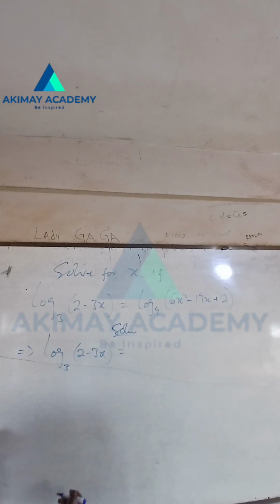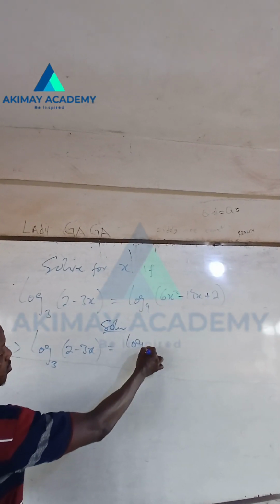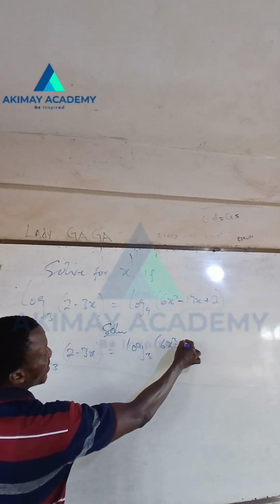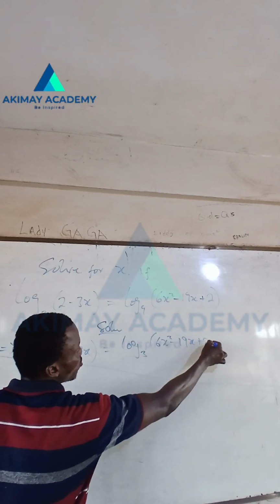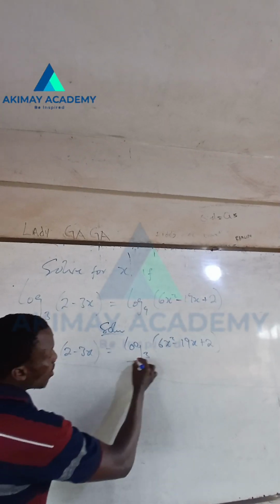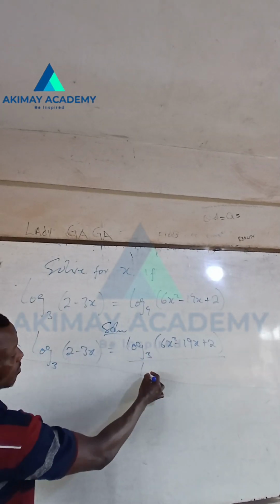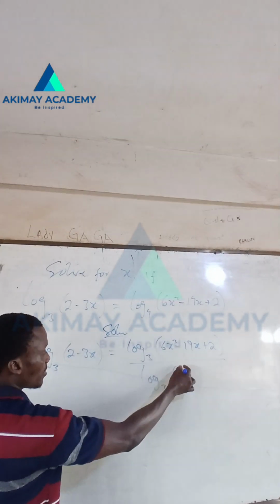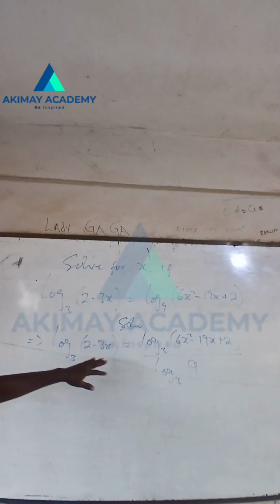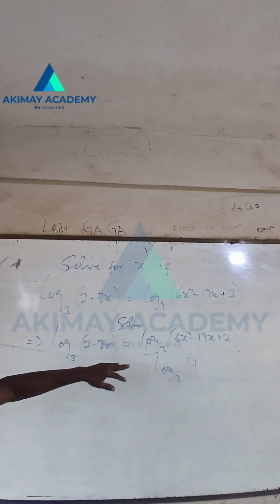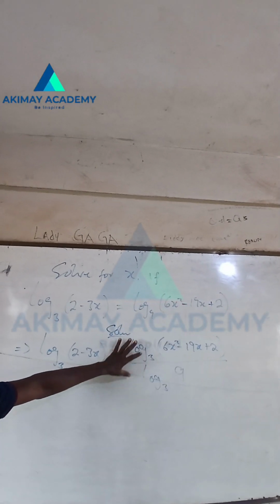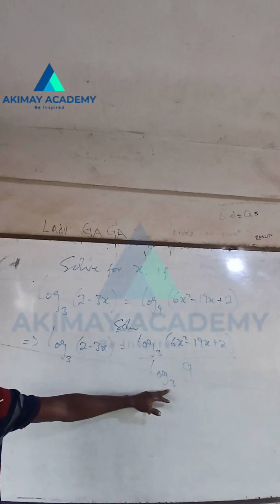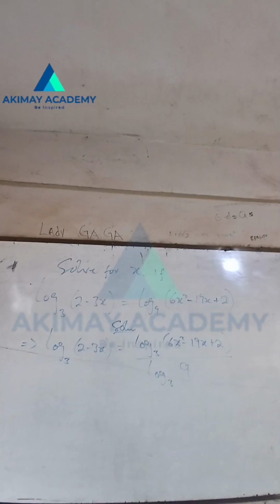So we have log to our new base of 3 of 6x squared minus 19x plus 2, all out of log to our new base of 3 of the old base. So this is what we have. This is what we call the change of base. You see we have changed the base to a new base of 3, okay? And this is what we are getting.